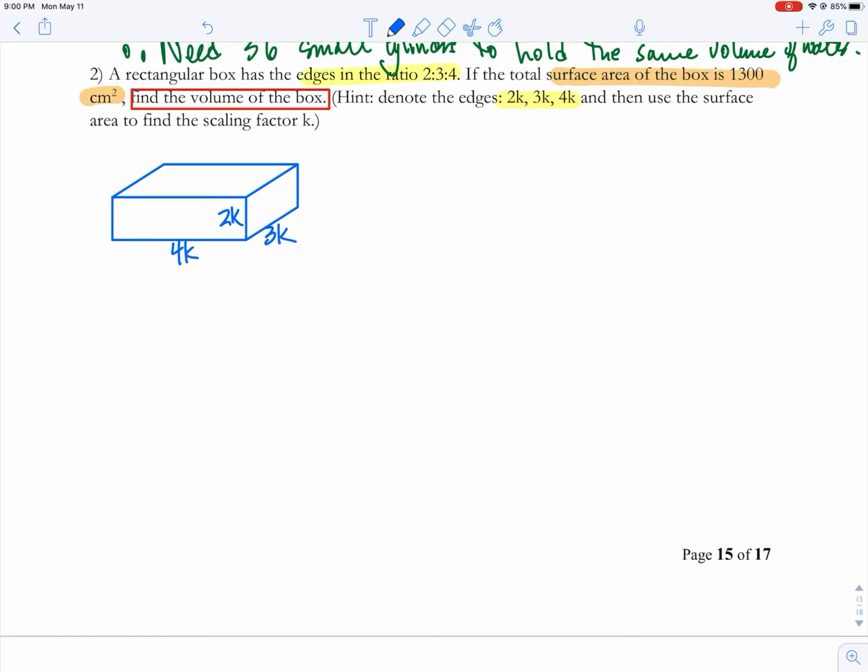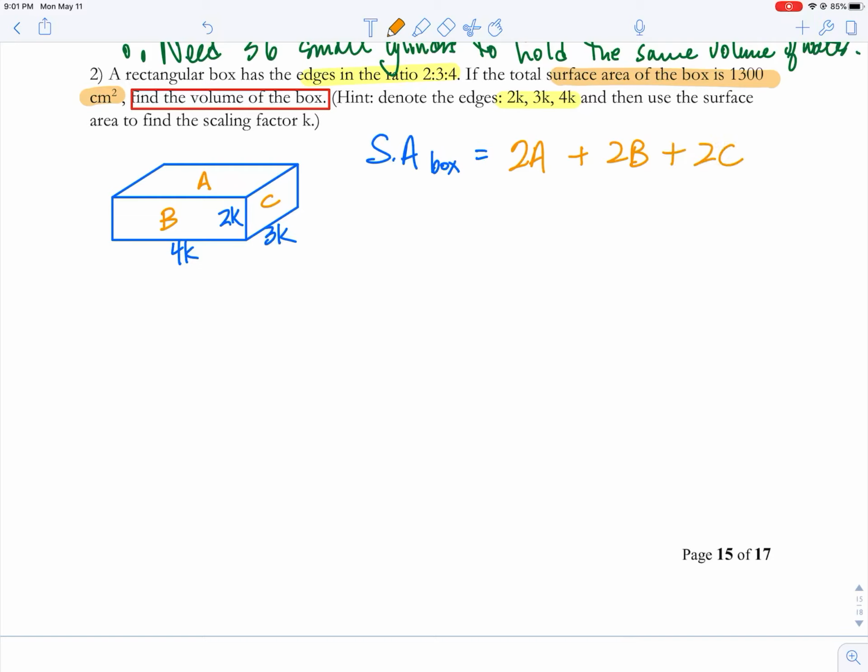And if we were going to find the surface area of this box, I'm going to label my top side A, the front facing one B, and that one C. So the surface area would be 2 A's plus 2 B's plus 2 C's.